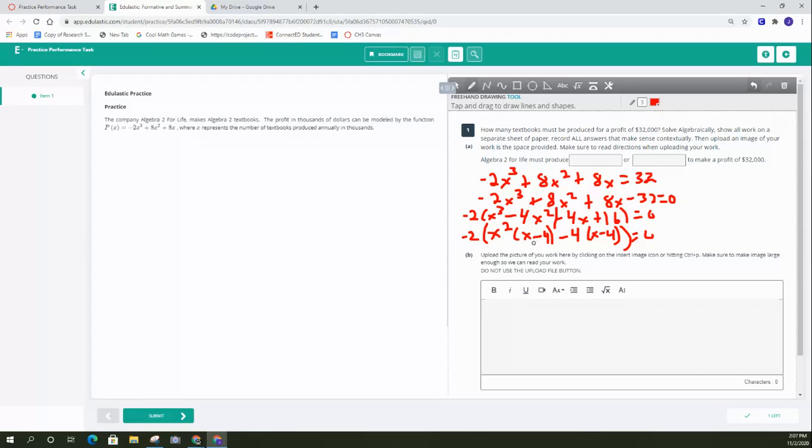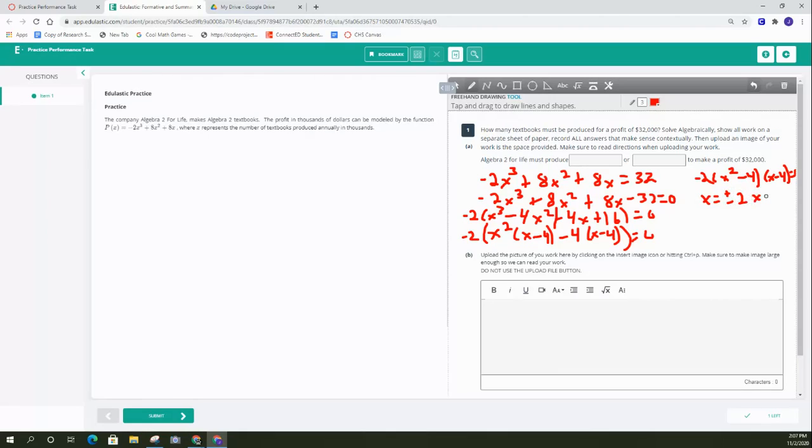Now I write my factors: negative 2, times x squared minus 4, times x minus 4, equals 0.